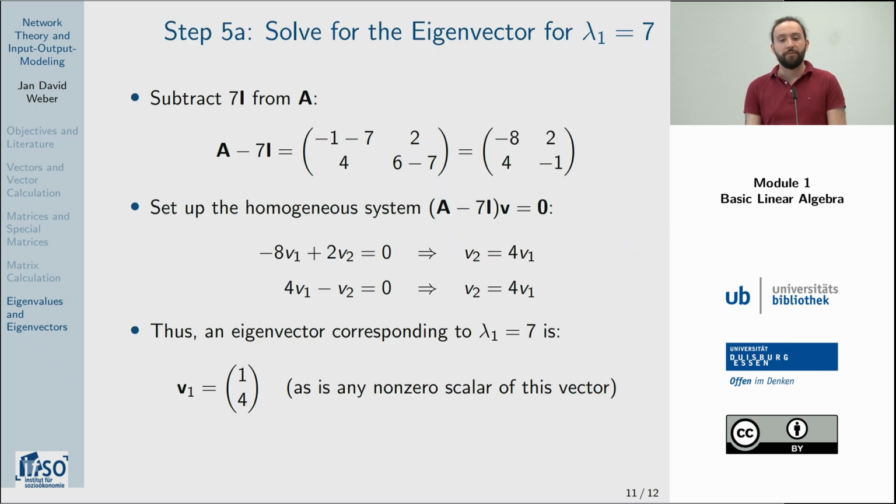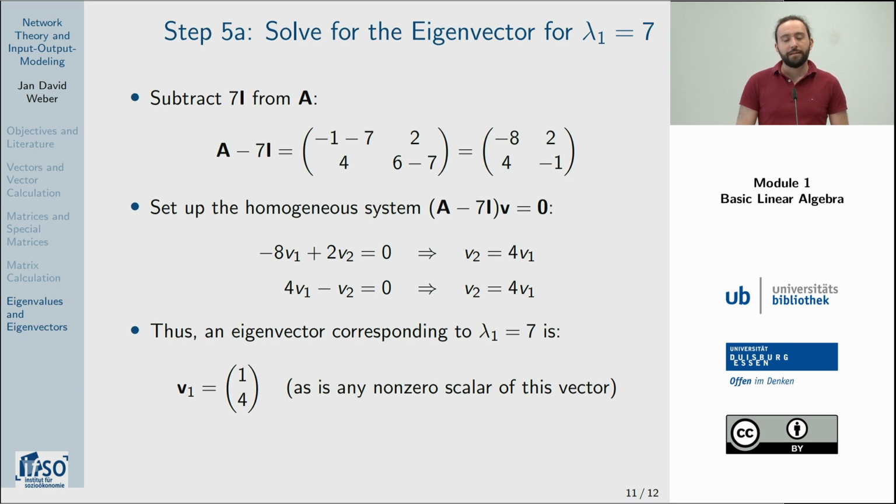So in step 5a, as I call it, for the first eigenvalue, where lambda 1 is 7, we subtract 7 times the identity matrix from A. So we now have -1 minus 7 as the first element. 2 and 4 remain unchanged from the original matrix A that we had. And then we have the element 6 minus 7. Really easy math. We can solve this now to the matrix -8, 2, 4, and -1.